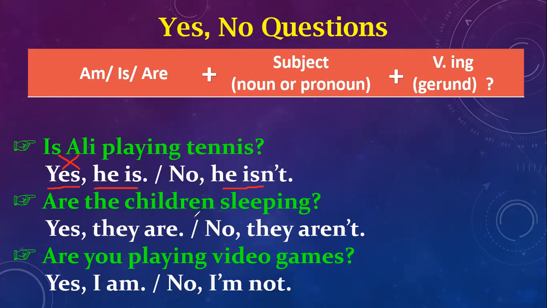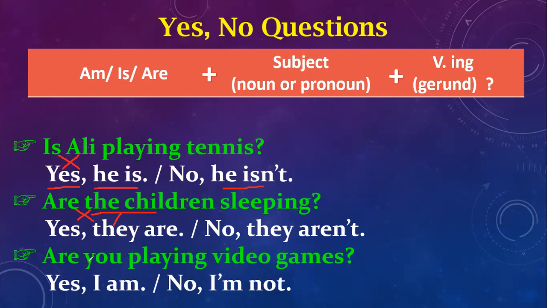Are the children sleeping? Yes. And we reverse the children, which I put they instead. Then are, yes, they are, or no, they aren't. And the last one, are you playing video games?